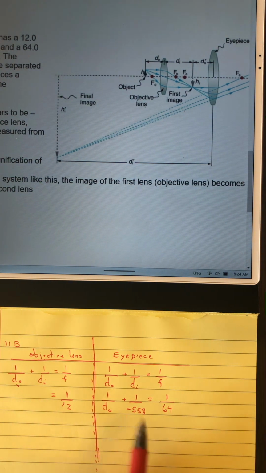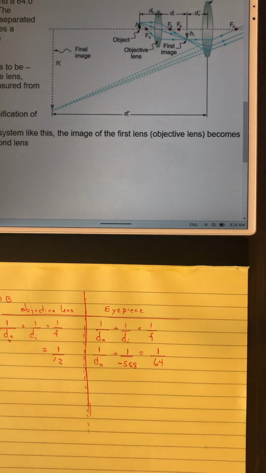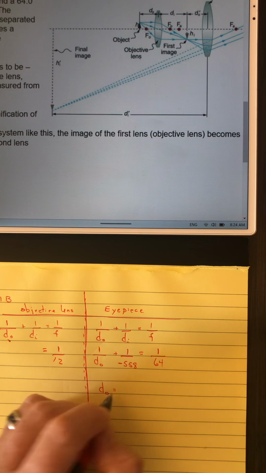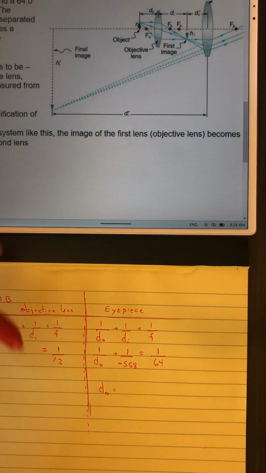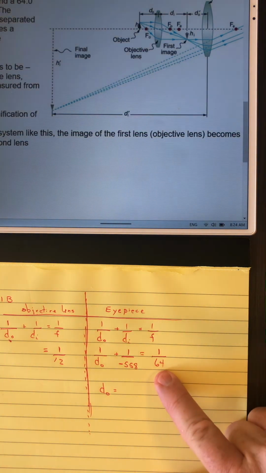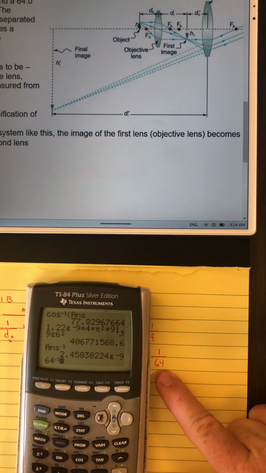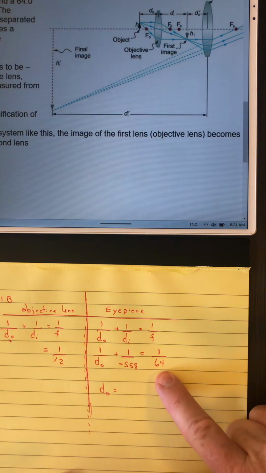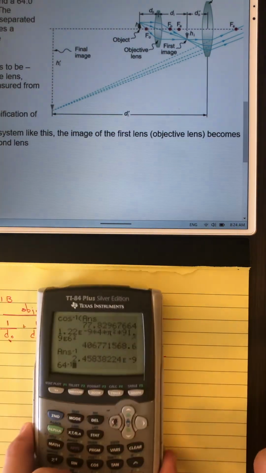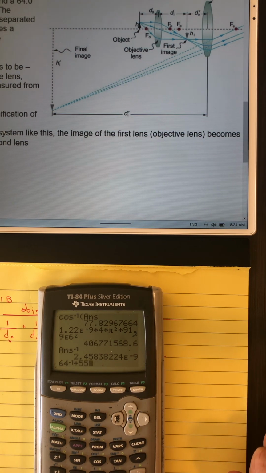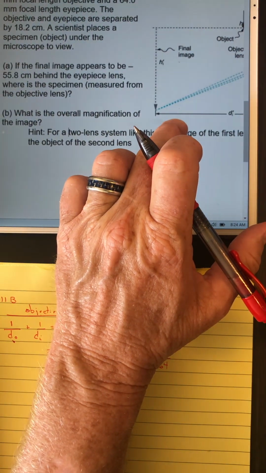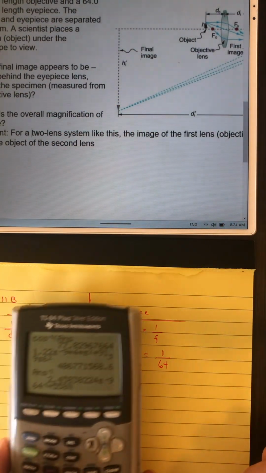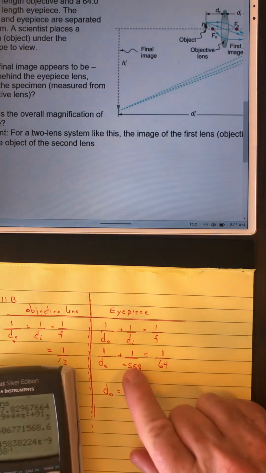And you see, that's enough information right there to allow us to solve for the object distance. So, keeping that in mind, I'll grab my calculator here, and I'll take that as a 64 and a reciprocal. And then imagine moving that to the other side, so it becomes plus 558.